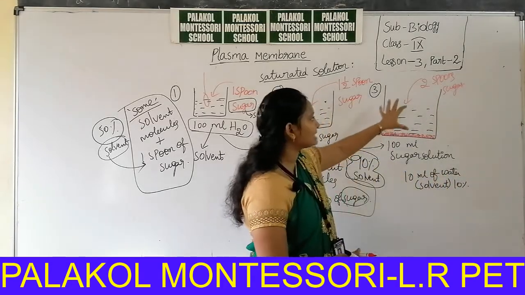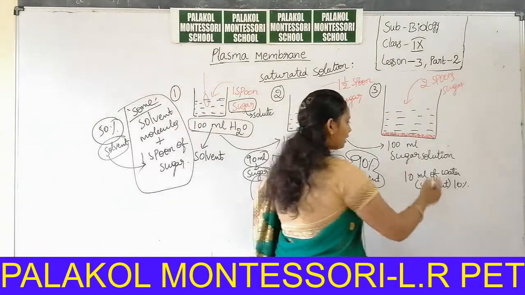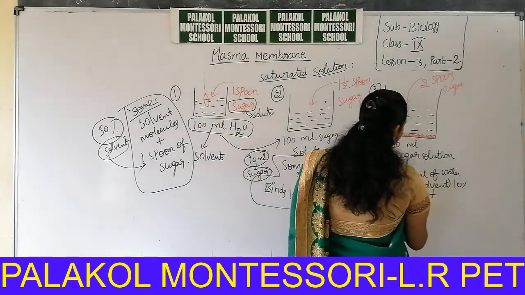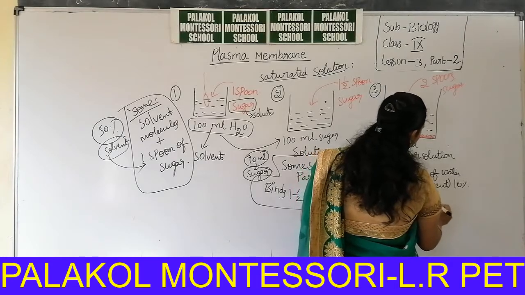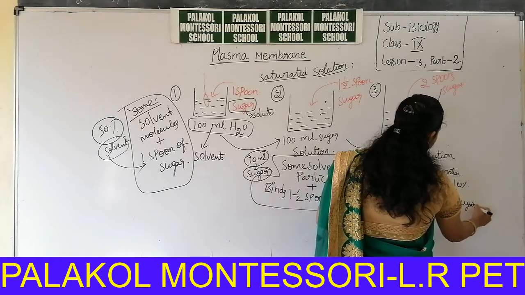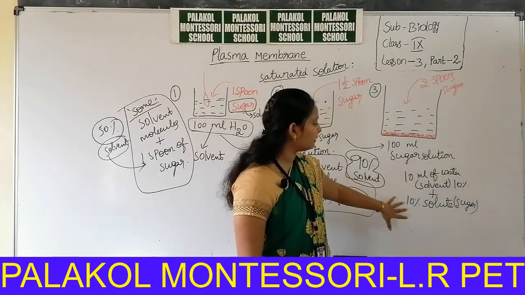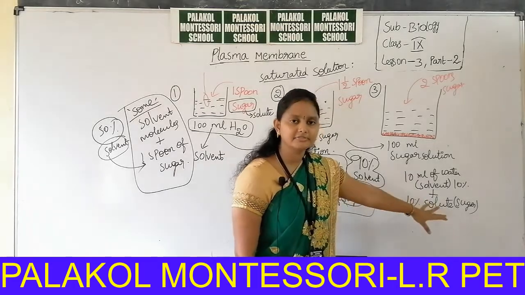So on addition of 2 spoons of sugar, only 10% of the solvent binds with 10% of the solute, the solute being nothing but sugar.